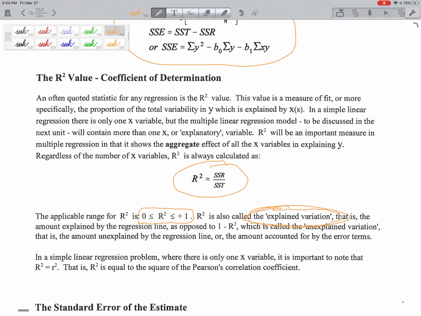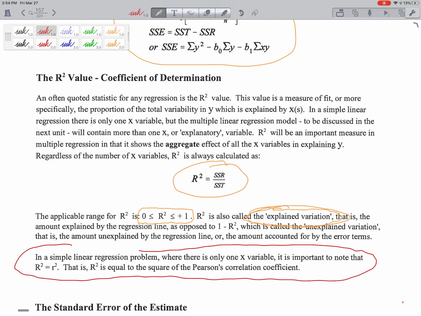The other thing to keep in mind about R squared here, here's an important relationship: in a simple linear regression model where you only have one x variable, not x values, I'm talking about x variables, like in our particular case size, or in another case the age of a person and how it determines the number of push-ups that they can do, then the relationship between the x and the y is the little r.